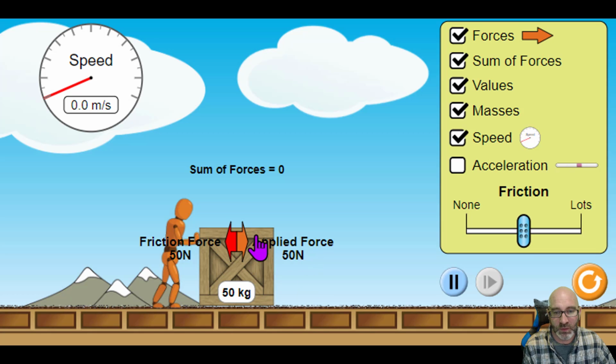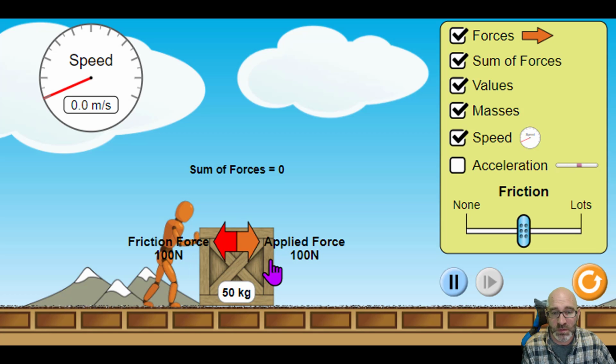And currently, this figure is applying 50 newtons of force to the right, but frictional forces are also applying 50 newtons of force to the left, and they're canceling each other out because they're going in opposite directions. And my net force is still 0, and so is my acceleration. I can apply 100 newtons of force, and the situation still holds.